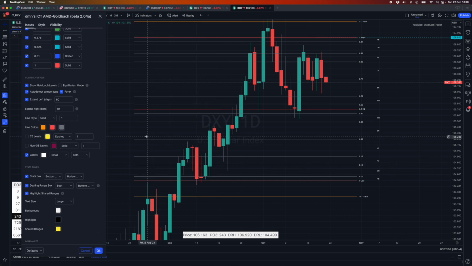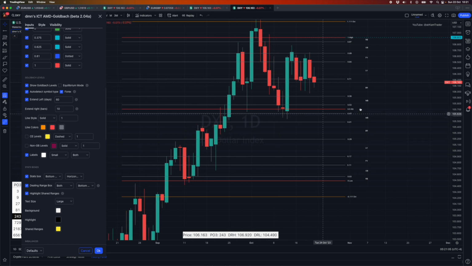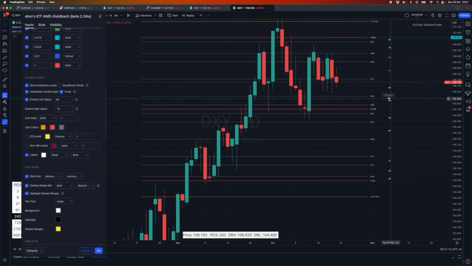There we go. So you can see that this looks like an order block. Similarly, if you have some notes here, or let's say you want your levels to be close to the bars, you can use this value here, extend right, and either increase it or reduce it.